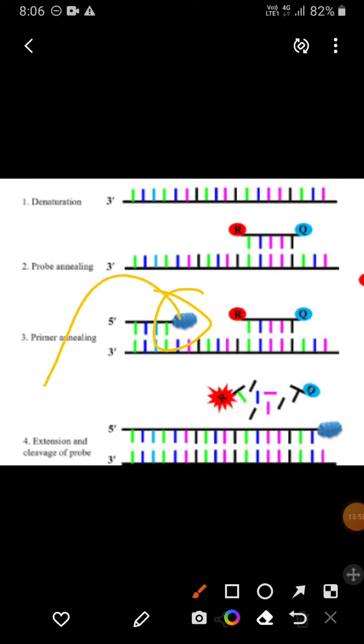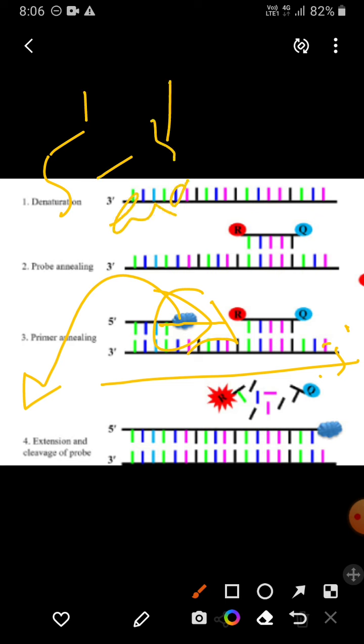When this Taq DNA polymerase fills up the second complementary strand using the complementary strand, during that procedure, due to its 5' to 3' exonuclease activity, it will simply cut the quencher and fluorescent probe containing complex into single nucleotides, as you can see.